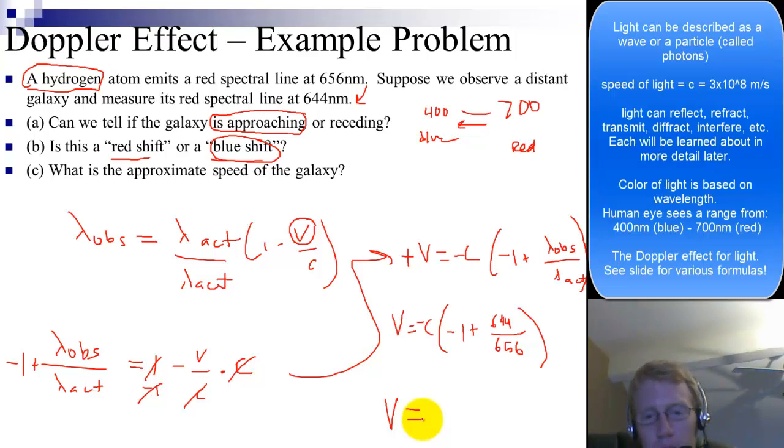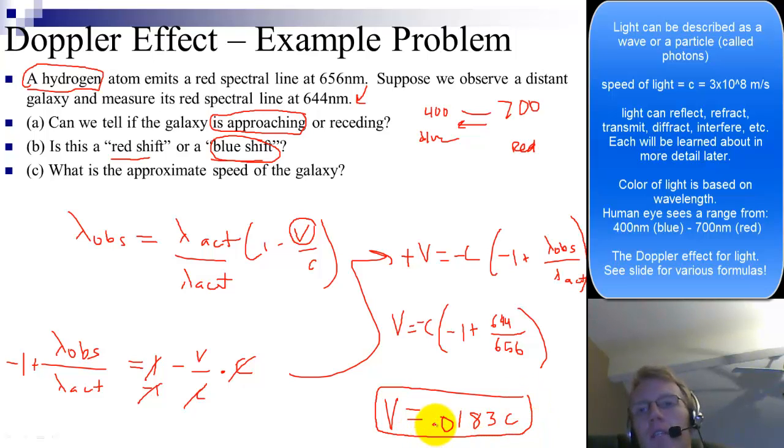So 644 divided by 656 minus 1 equals 0.0183 c. So the speed is 1.8% of the speed of light.